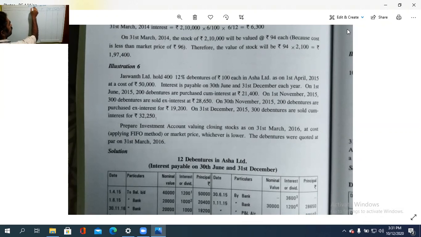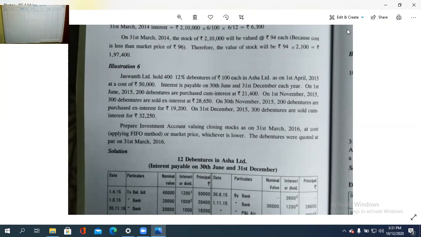Then principal value, interest, nominal value, date and particulars. So debit side and credit side.